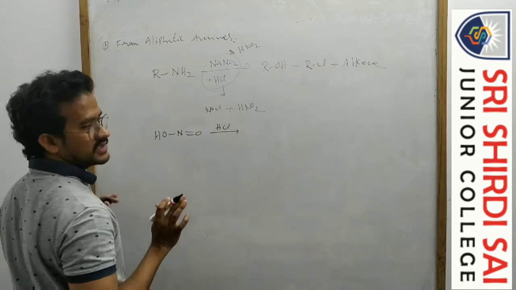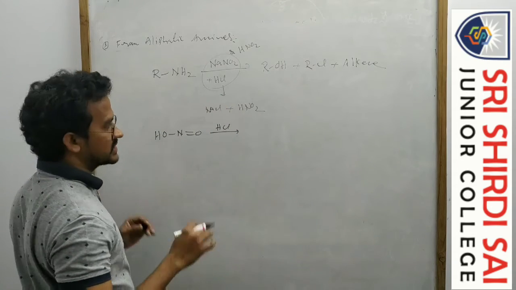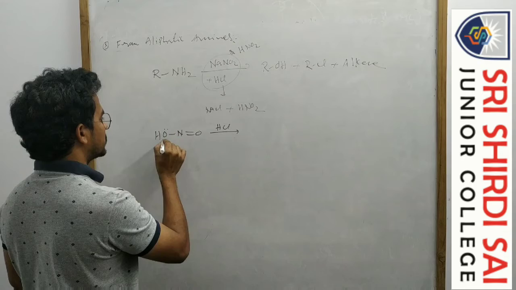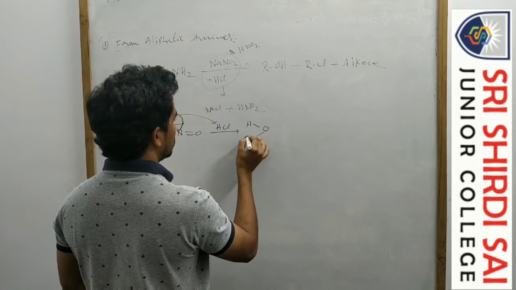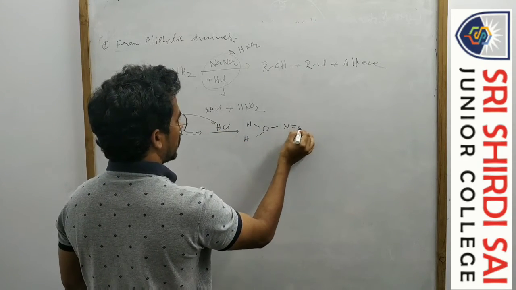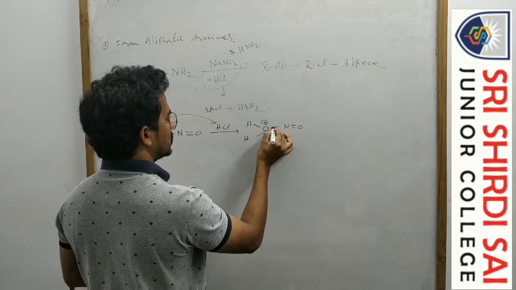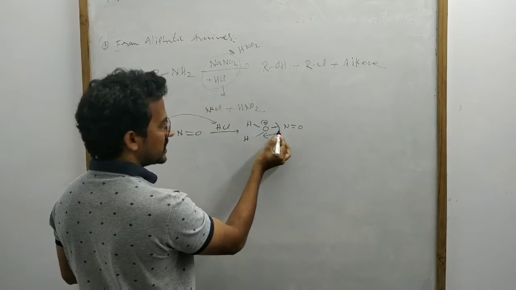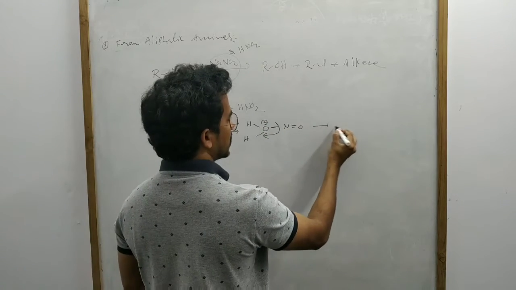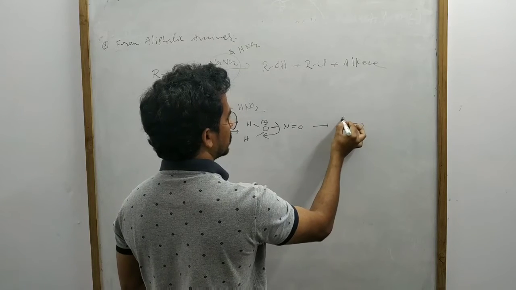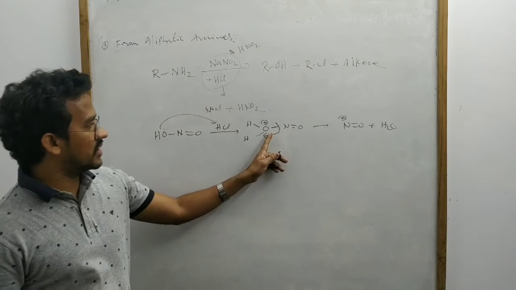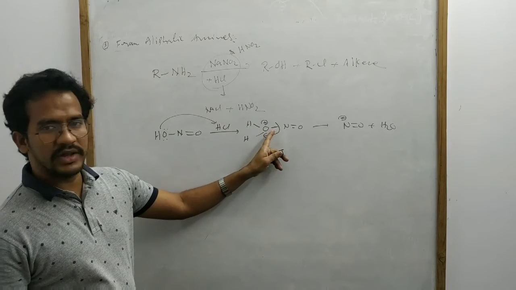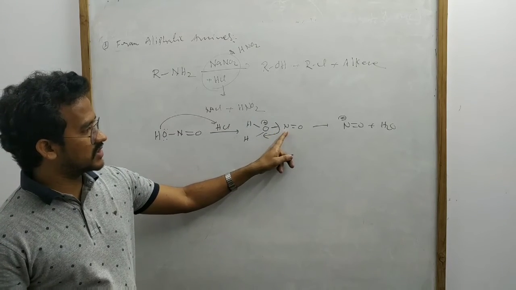In acid medium, HCl must be taken in excess, so protonation takes place: H, O, H, N double bond O, with a plus. The positively charged oxygen gains 2 bonding electrons, so nitrogen carries a positive charge, N plus double bond O.